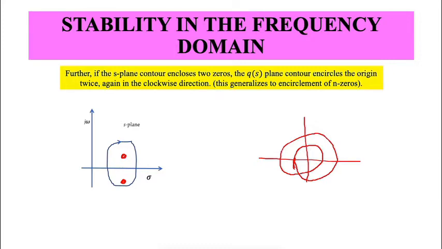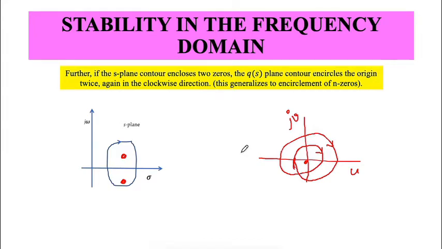What we are interested in is the encirclement of the origin. So you have U, JV. Similarly, if there are n zeros, I will encircle the origin n times, again in the clockwise direction.